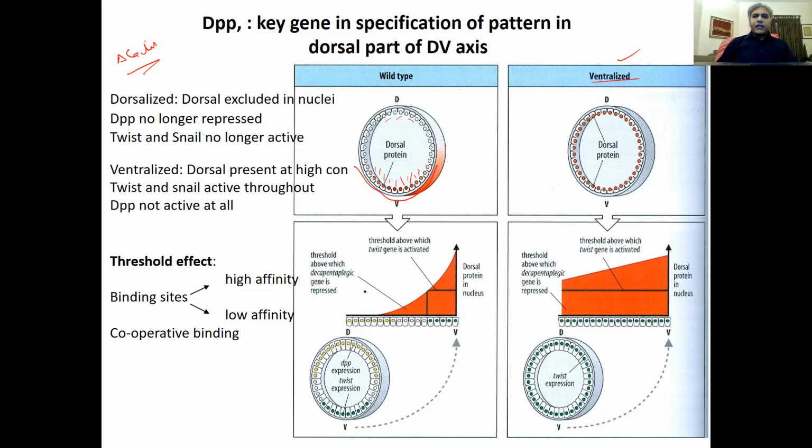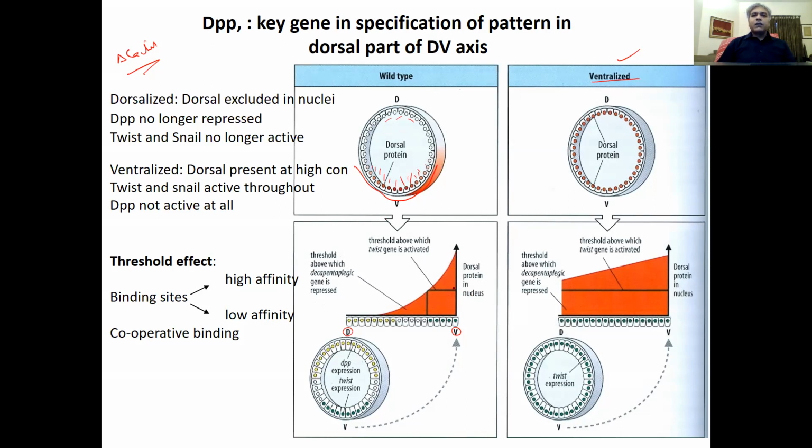If you pay attention to this figure, this is the dorsal axis, ventral axis along the x-axis, and along the y-axis, we have the concentration of dorsal protein in the nucleus. This is showing wild type.